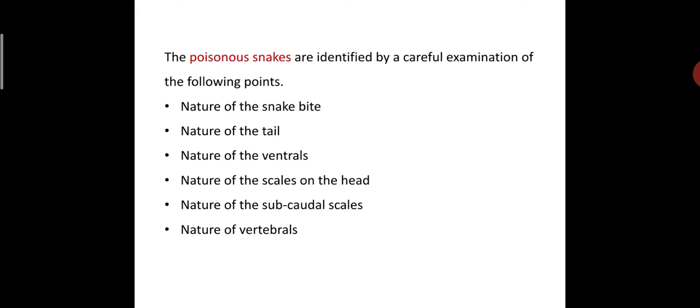It is not possible to observe this directly, so it needs some expertise. Nature of scales on the head, nature of subcaudal scales, and nature of vertebrals. These are the things by which a snake can be differentiated as poisonous or non-poisonous. But the first two can be easily identified. The others need expertise. Normal people can't do it.